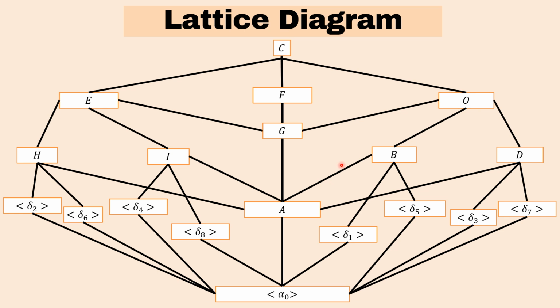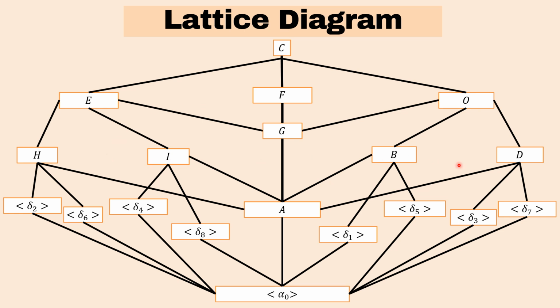Now let me present to you the lattice diagram of our permutation group. We have C here, which is our order 16 group, our improper subgroup, and we have alpha sub 0 here that generates only the identity element alpha sub 0. We have E, F, O, which are order 8 subgroups.